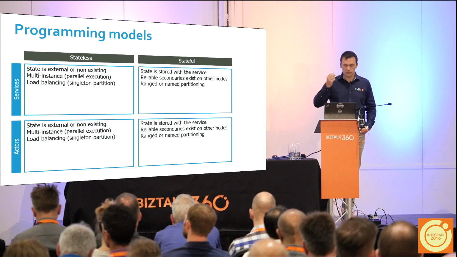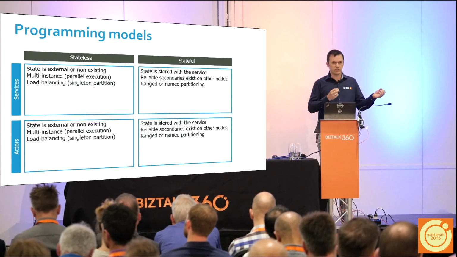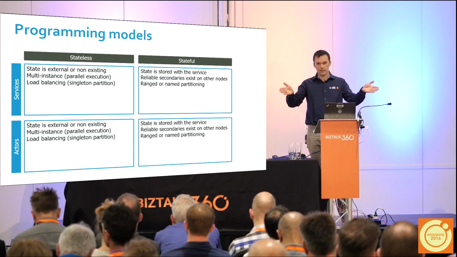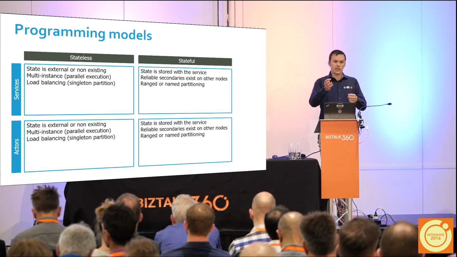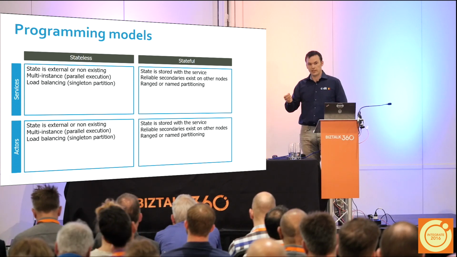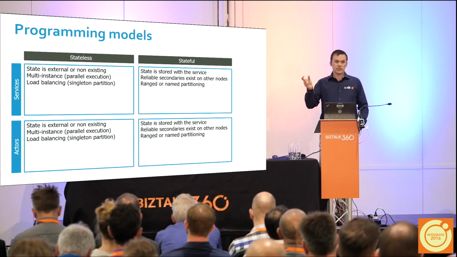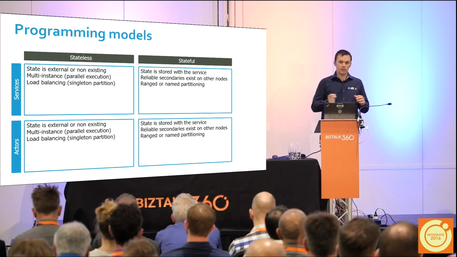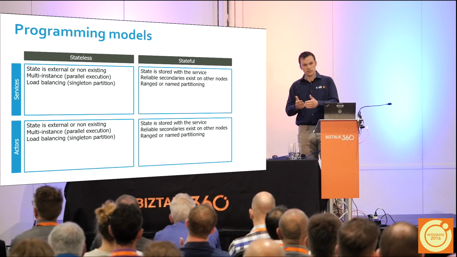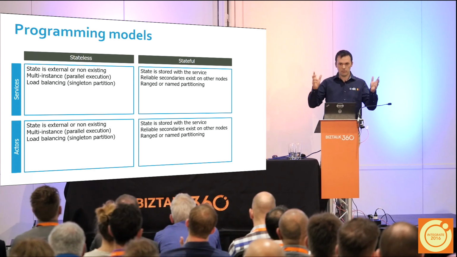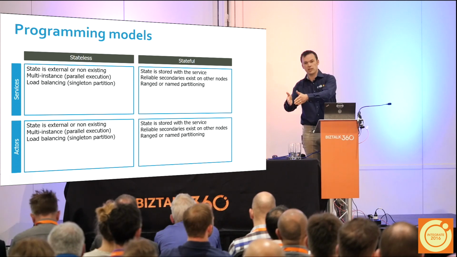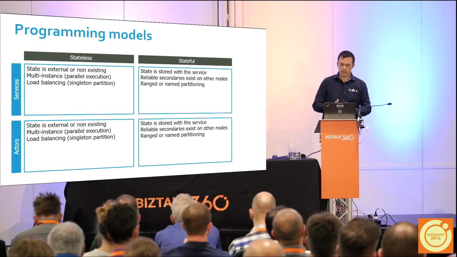But it's really important to consider the right partition algorithm, because at a certain moment, if you have one peak, for example, in football games, and you have that one specific game that you have to host, and you partitioned on game, it would mean that for the Champions League final, all those requests for that game, and that could be very high, are still going to the same partition, and you don't have the big scalability.